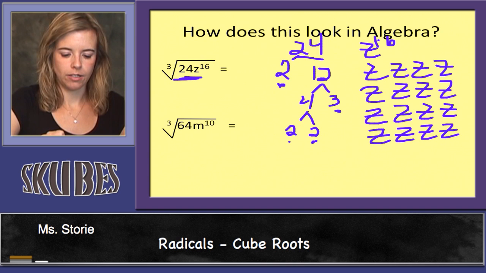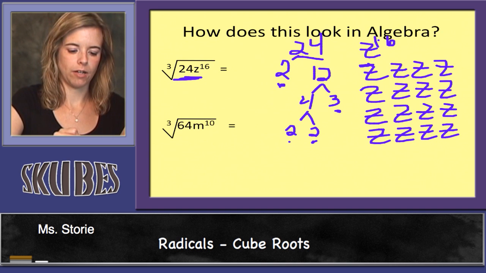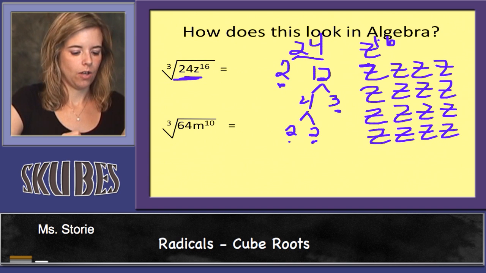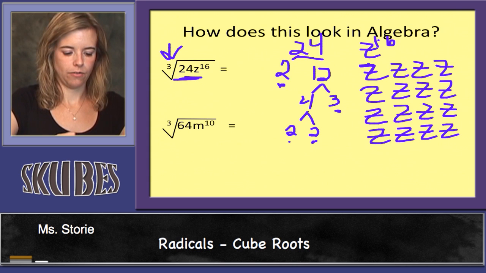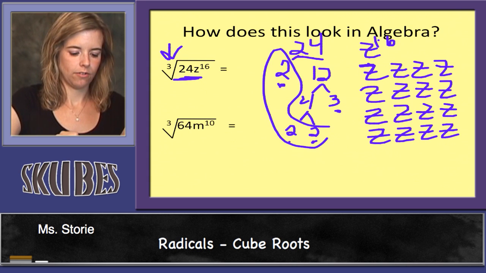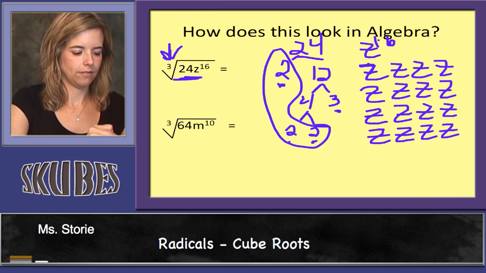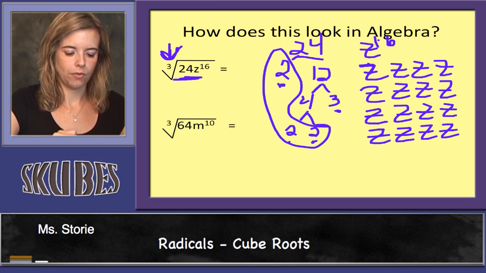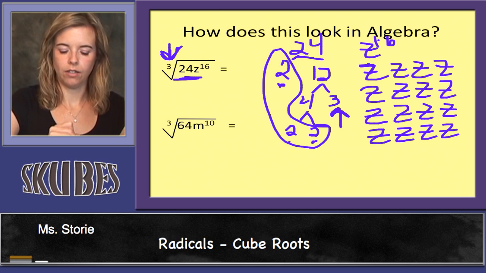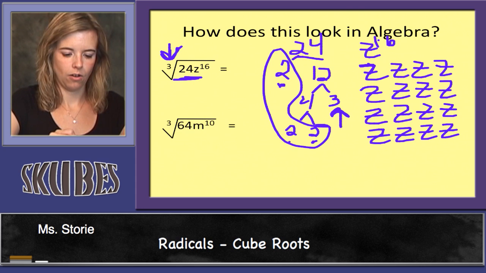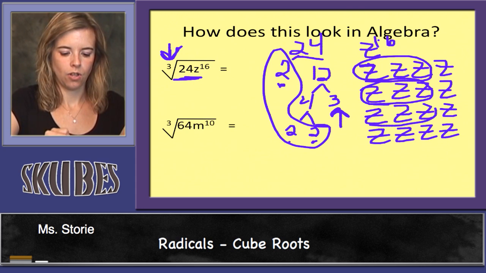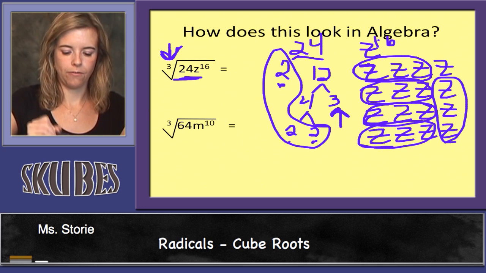After you do this for a while, you'll end up seeing it quicker, and you won't have to write them out all the time. All right, so we're looking for groups of 3. I have a group of 3 and a lonely leftover 3. Now I'm looking for groups of 3 also on my z's. I have 1, 2, 3, 4, and I can grab some more, 5.